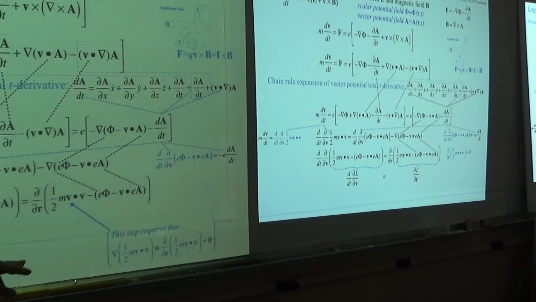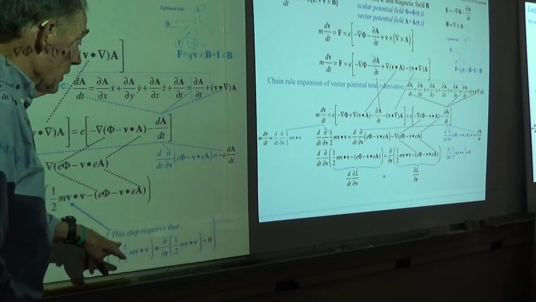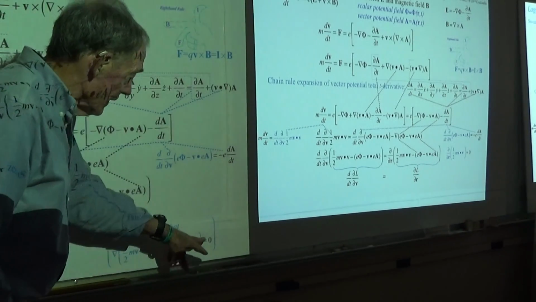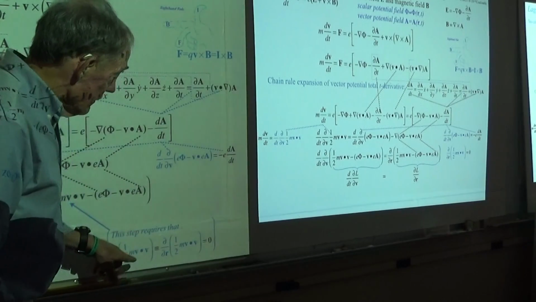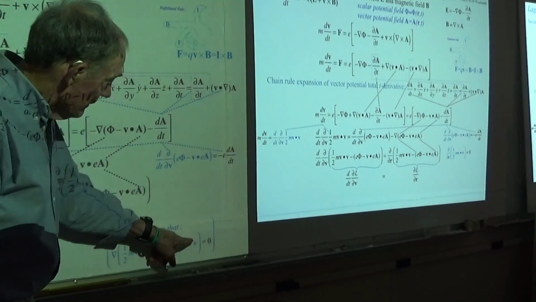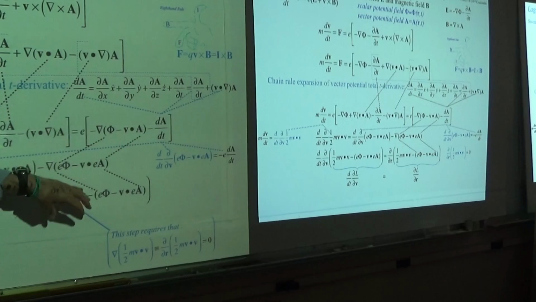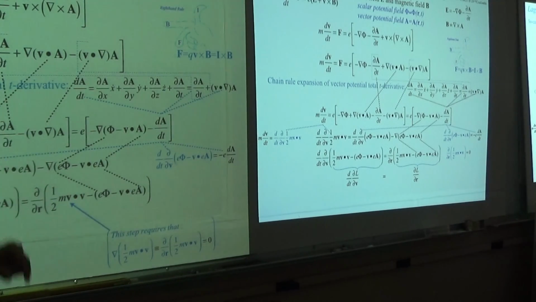Okay. Now, this step here requires that we make use of that formula that says that r is an independent variable of velocity. So it allows us to put it here, but it's not doing anything. It's giving 0. And that's a pretty neat trick right there.